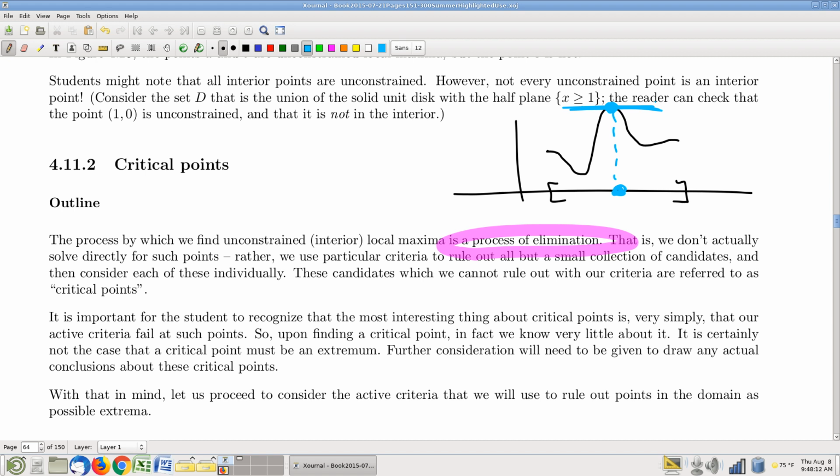No. Not at all. This point here, this value of x, the derivative at that point is 0 also. The mere fact that the derivative is equal to 0, to the question of I'm looking for maxes specifically, doesn't really tell you hardly anything.